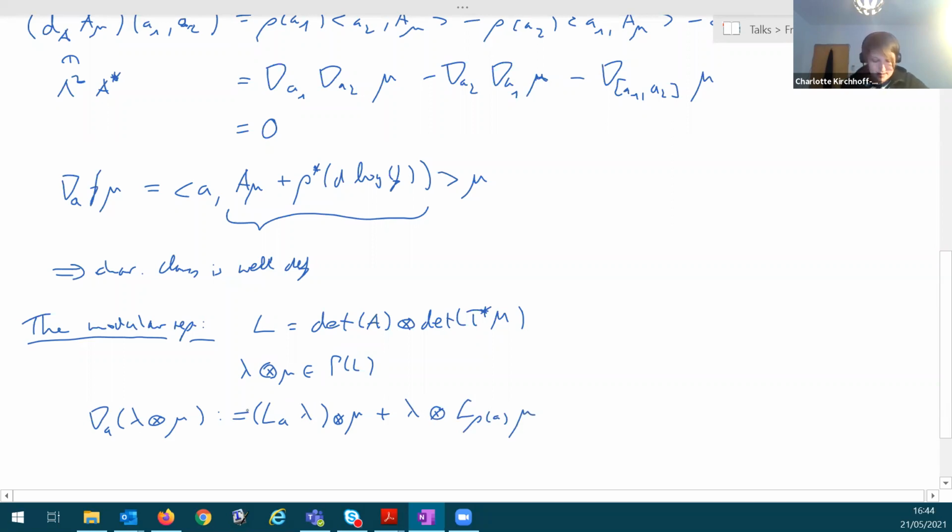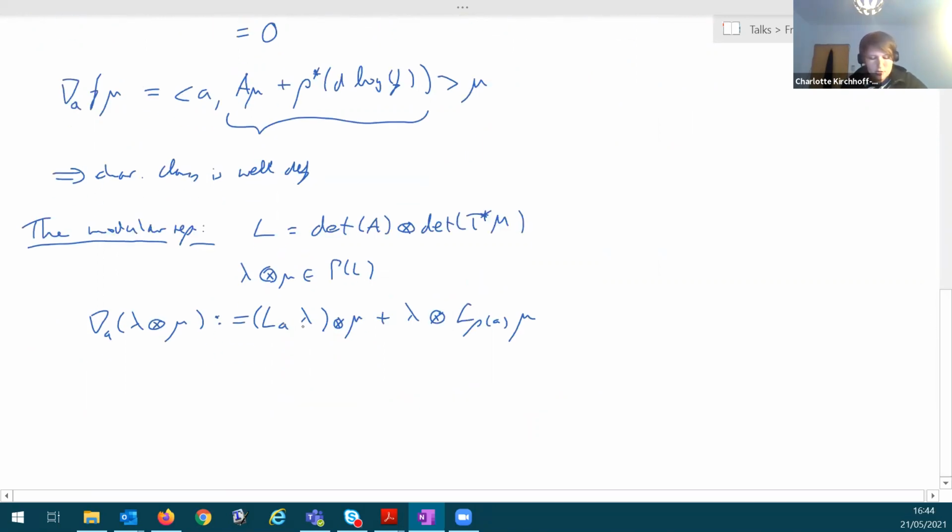So we take the Lie derivative induced on det A just by the Lie bracket on A. And in the second term, we take the Lie derivative of the top degree form with respect to, well, the anchor of A. And note that, of course, each single term here will not be a representation or a Lie algebroid connection, because the connection needs to be C infinity linear in this element, right?